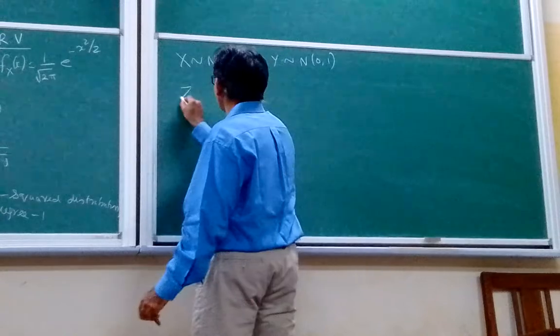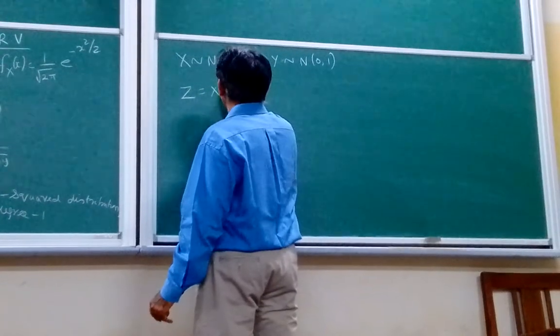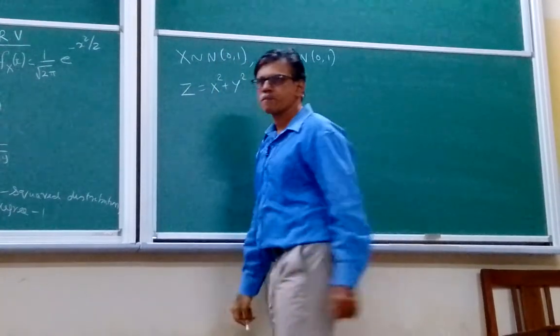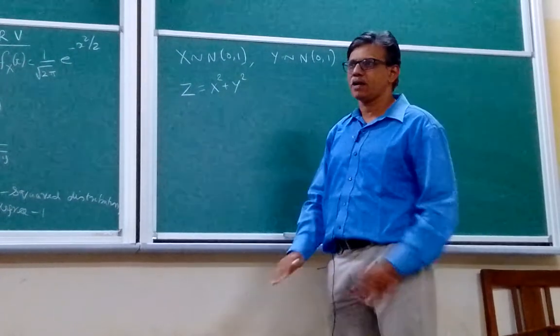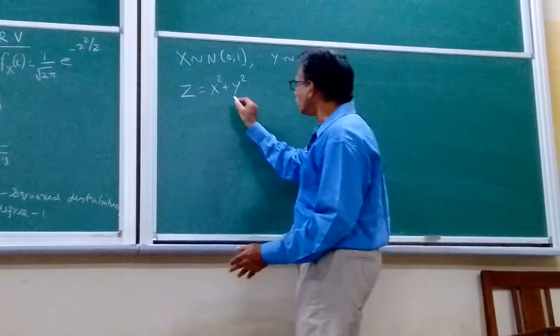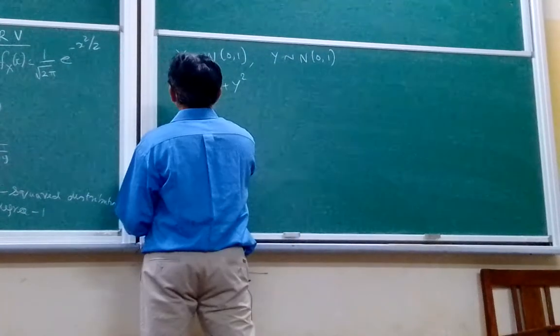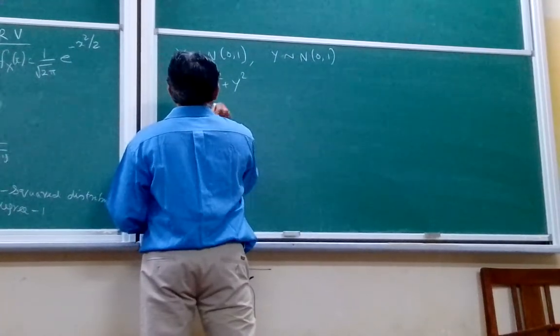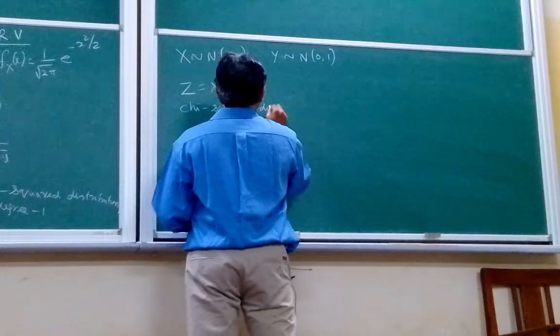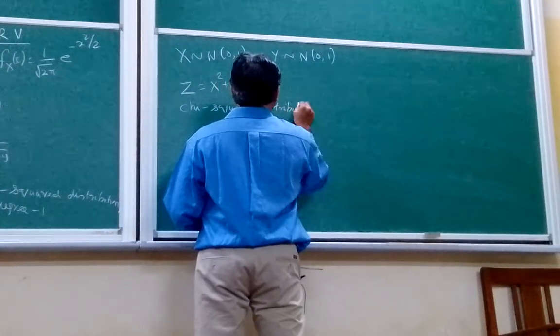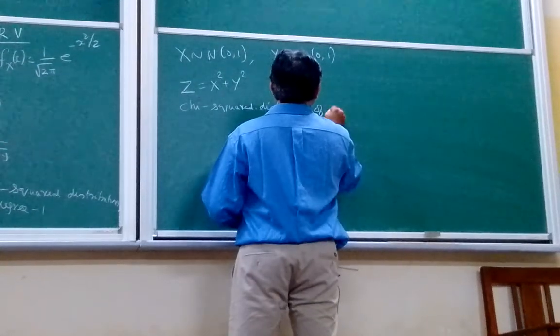Now we will define a random variable which is X squared plus Y squared. You can follow similar steps and then find it, but we will not do that. So this will again take a form that is called the chi-square distribution of degree 2.